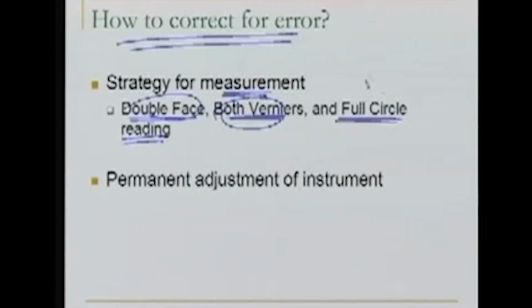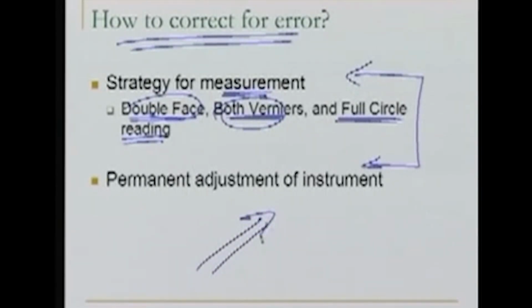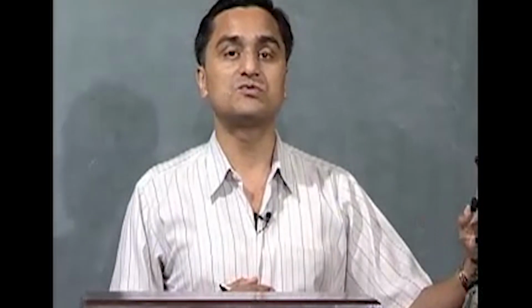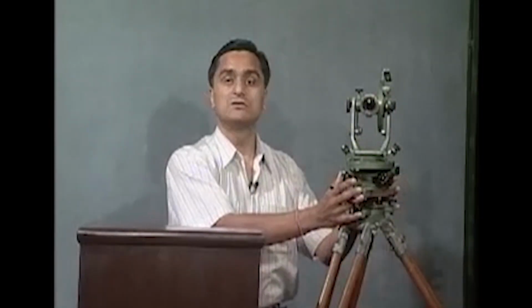Now this is one way, the soft way. There is a hard measure also. This hard measure is that we can permanently adjust some of these relationships. If we come to know that in my instrument there is some problem, and some of the relationships are not maintained, we can carry out some tests in the field and some adjustment procedures, which is a permanent adjustment, and we can adjust our instrument so that those relationships are maintained.